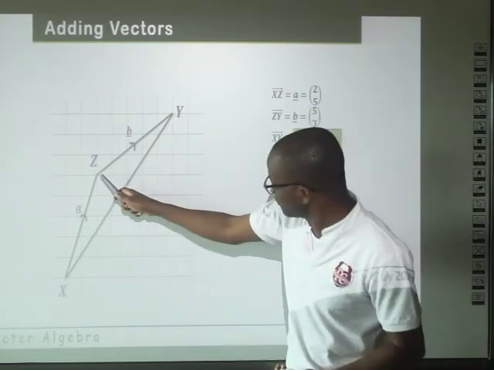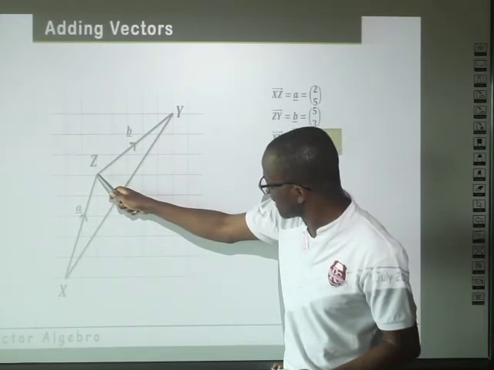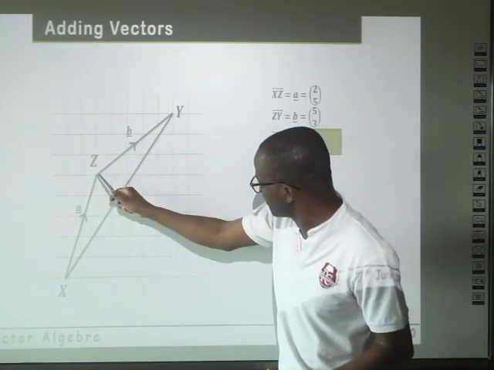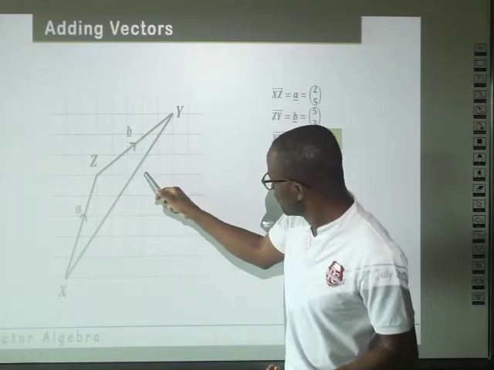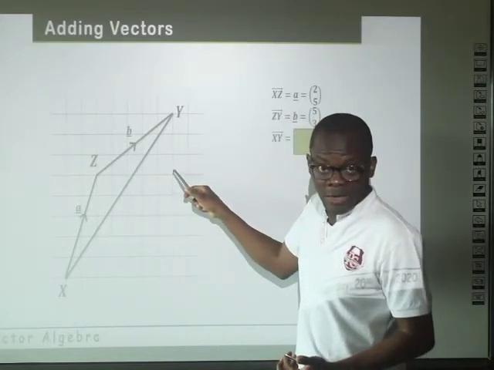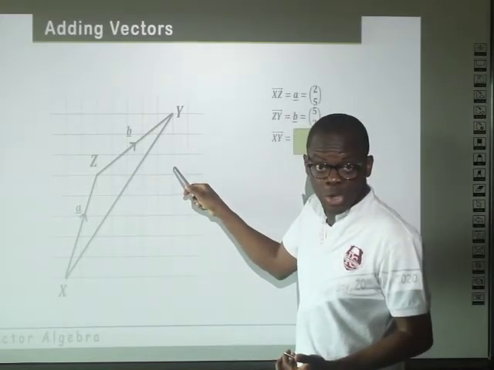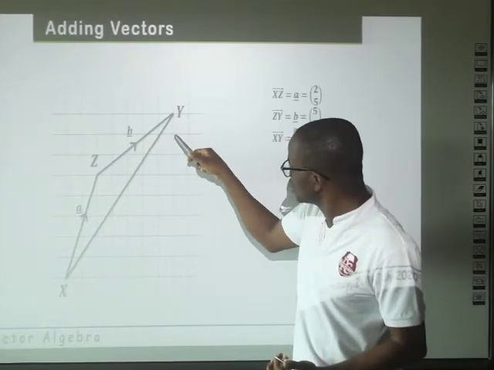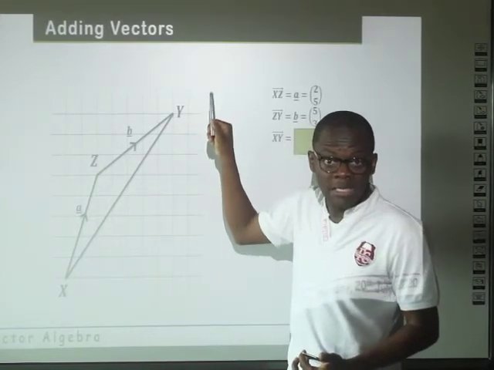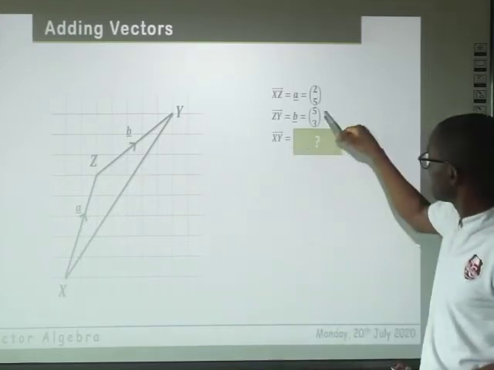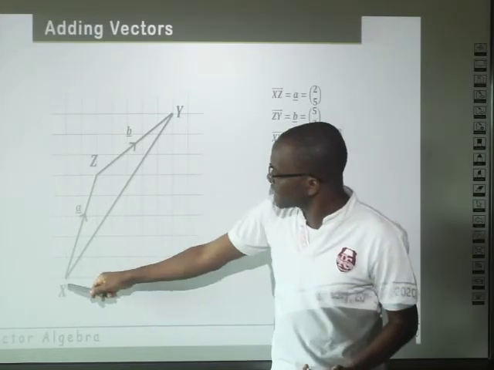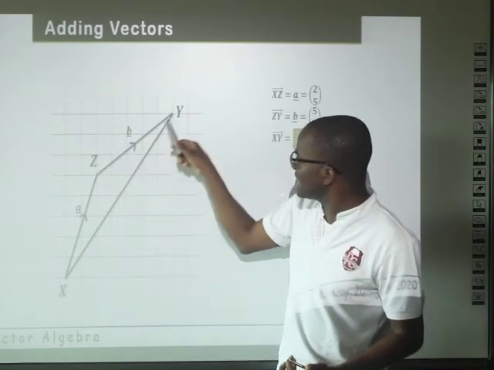So there you go. Again, those of you who didn't quite catch that, you start from there because look at the direction of the arrow. Start from there. 1, 2, 3, 4, 5 along the x-axis, and it's positive because you go to the right. And then 1, 2, 3 up along the y-axis, and just going up, that's why it's positive. So there you go, we have the vector xz and zy.